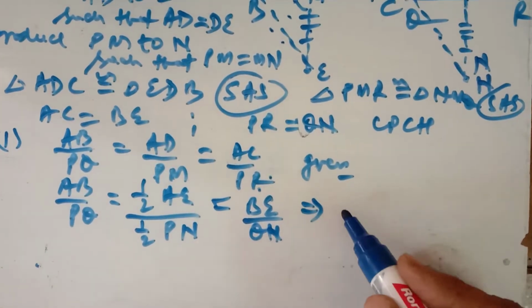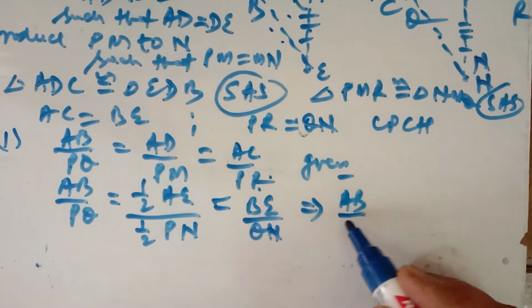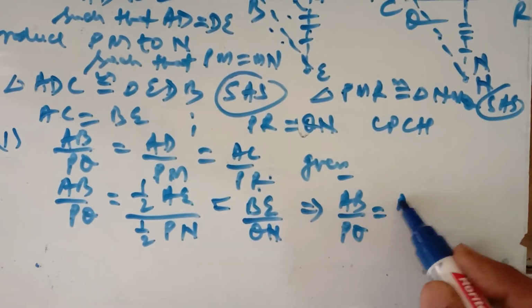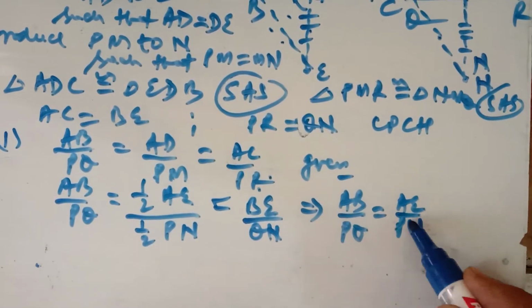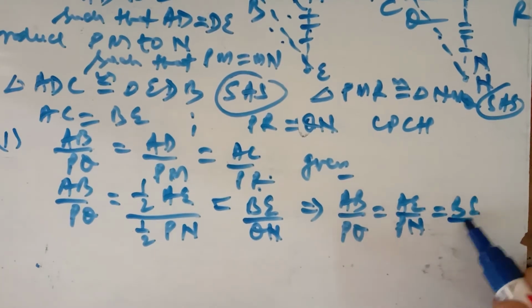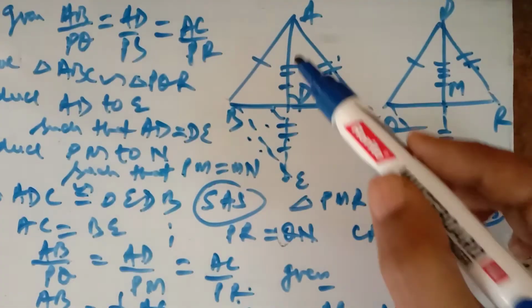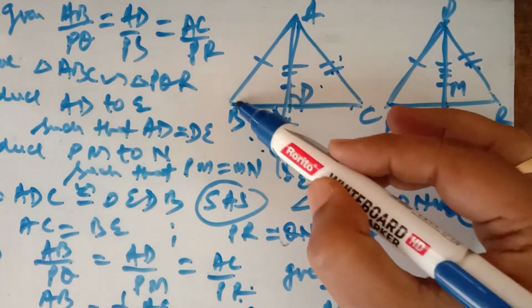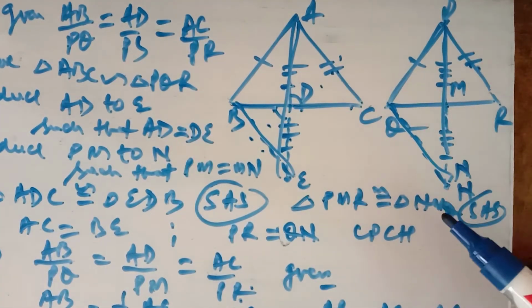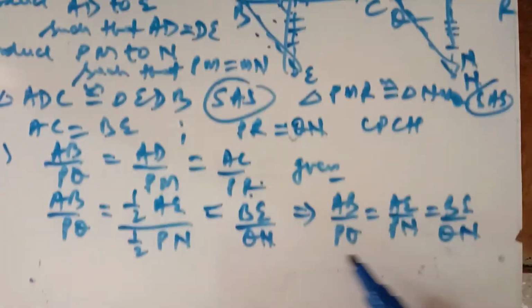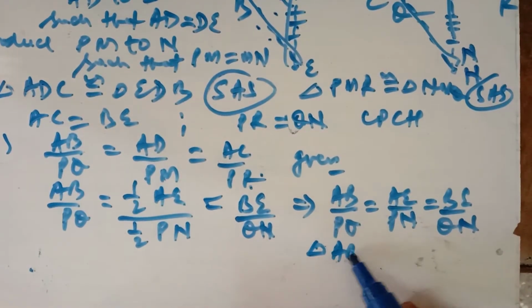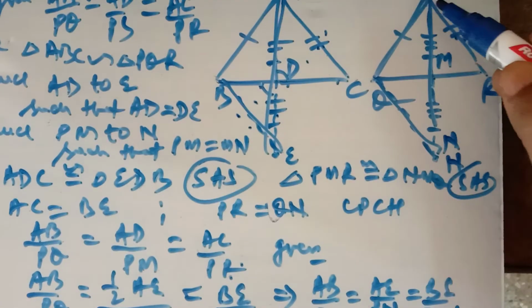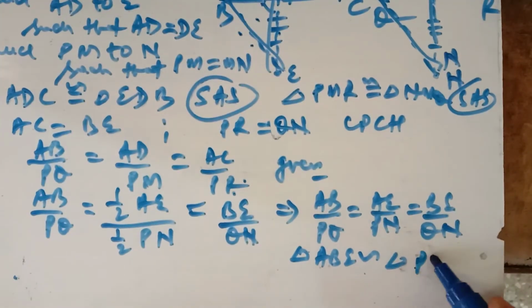So what can you say? We now have AB upon PQ is equal to AE upon PN is equal to BE upon QN. That means this upon this is equal to this upon this is equal to this upon this. So these triangles are similar: triangle ABE is similar to triangle PQN.